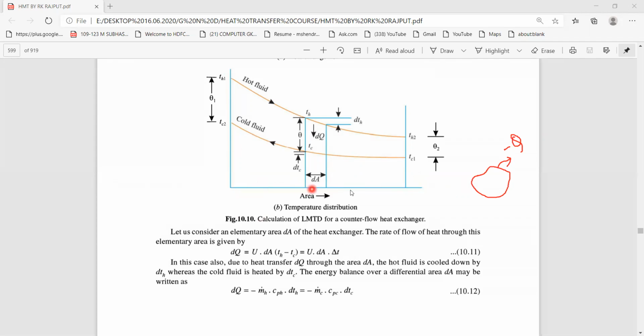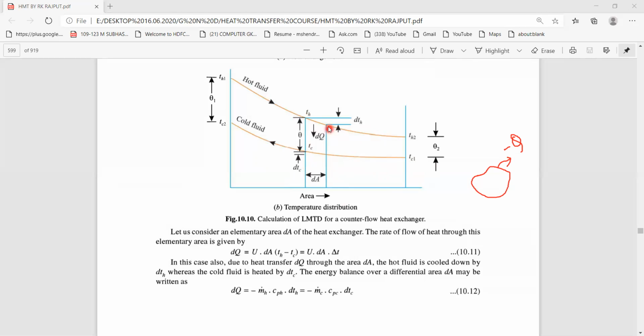If we consider this as the positive x-axis, yes, the temperature of the cold fluid is decreasing gradually. Though the direction of the cold fluid is from right to left, we are taking the sign convention along this direction. See, for the hot fluid we have taken it in this direction, but for the cold fluid also we have to take it in this direction only.